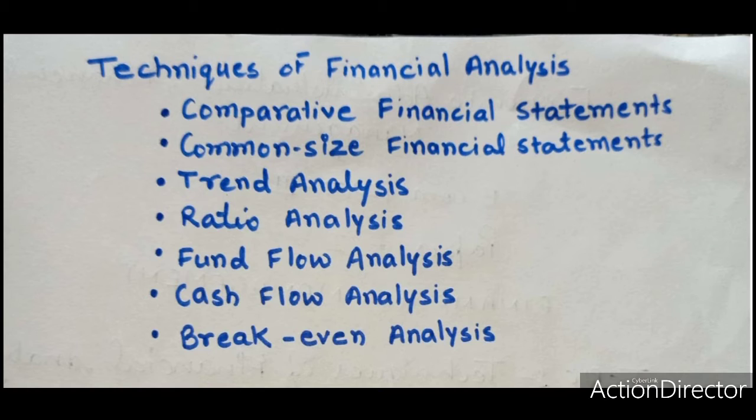Second, the ratio that each item bears to the total is ascertained by dividing the individual money amount by the total amount as contained in the statement and multiplying the quotient by 100. Thus, each percentage in the statement shows the relationship of the individual item to its representative total.